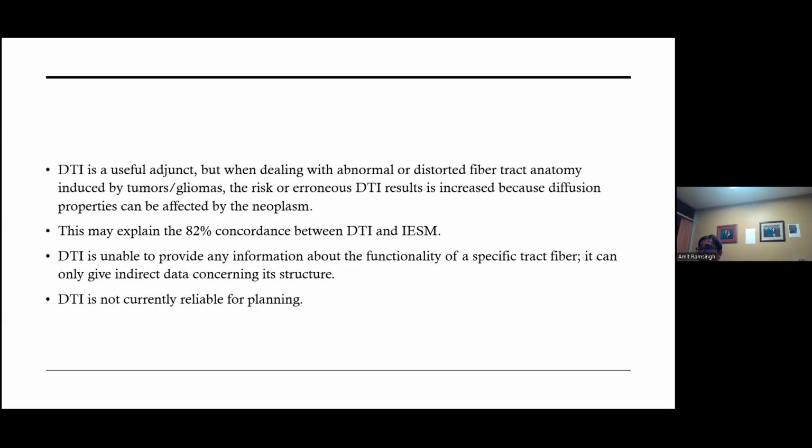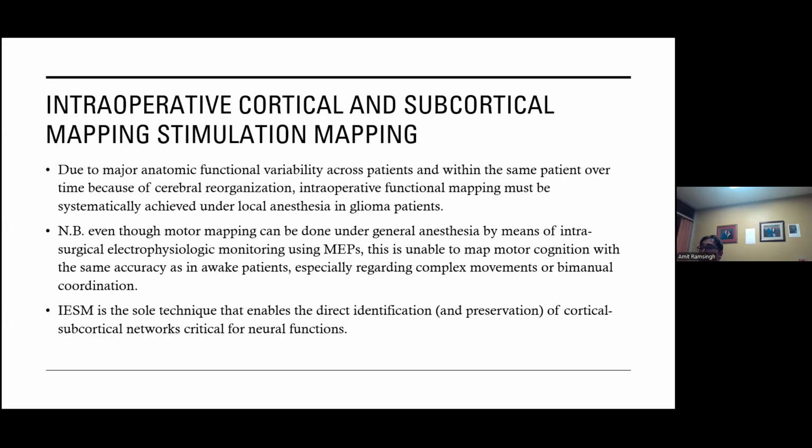So again, this explains why there's only an 82% concordance rate between DTI and electrostimulatory mapping. DTI is unable to provide any information about the functionality of a specific fiber tract. And again, just like fMRI, it only gives indirect data concerning the structure. So it's not very reliable for planning.